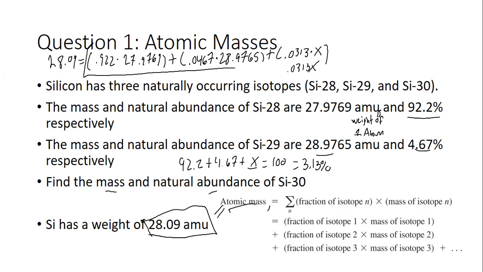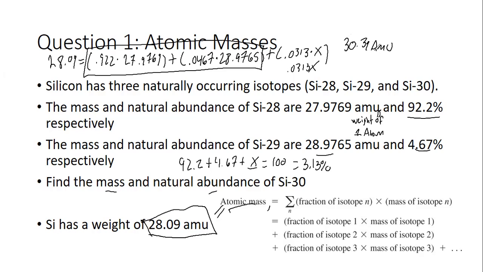You take these two numbers, subtract that from 28.09, and then divide each side by 0.0313. Solving for X using algebra, what I got is 30.39 AMU.